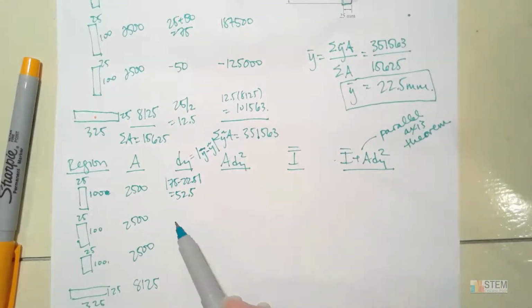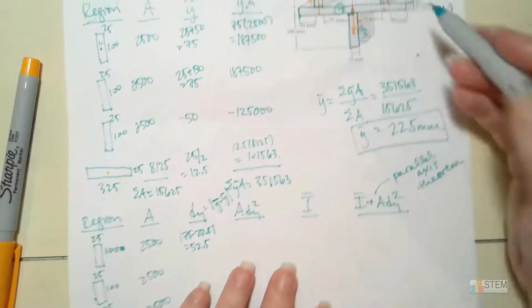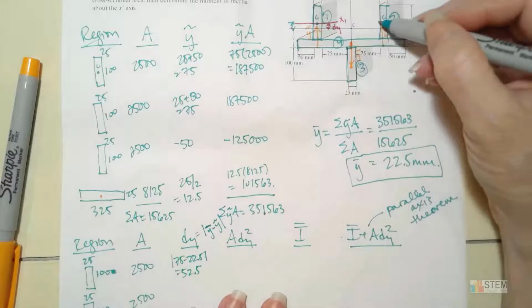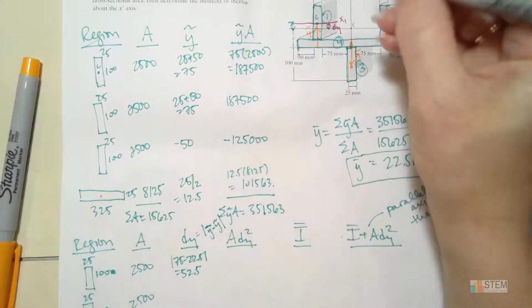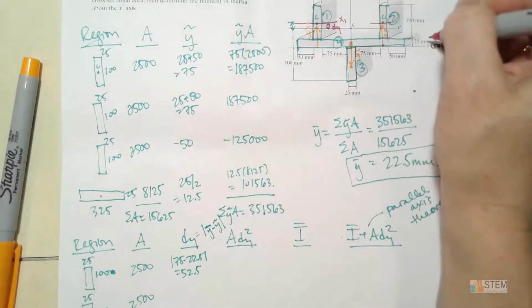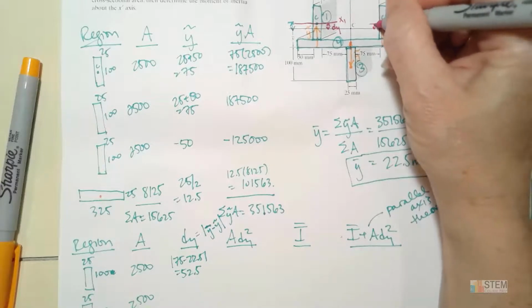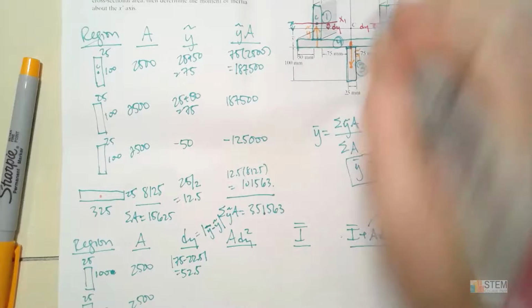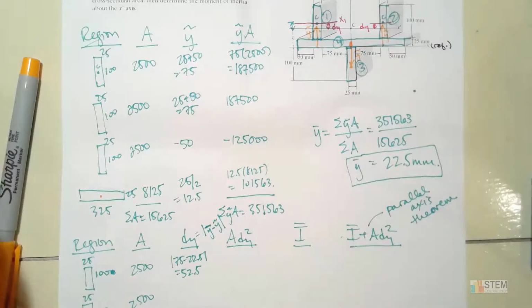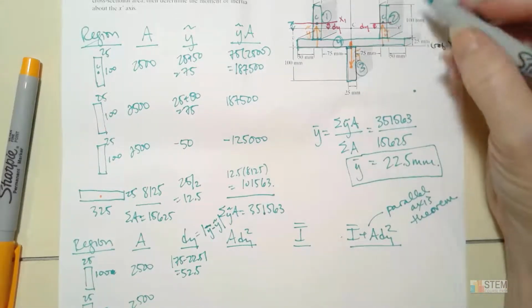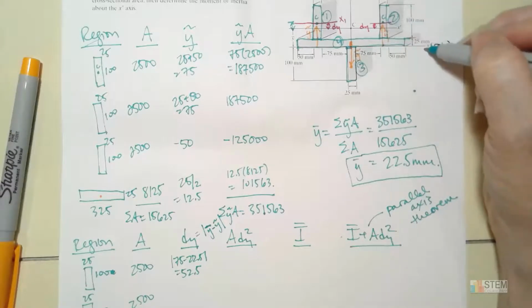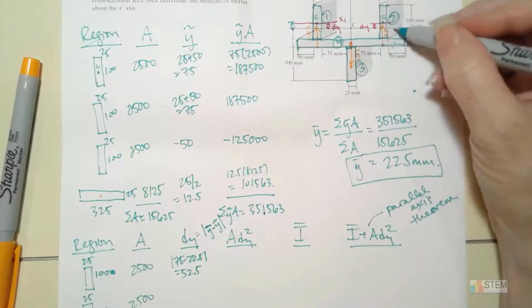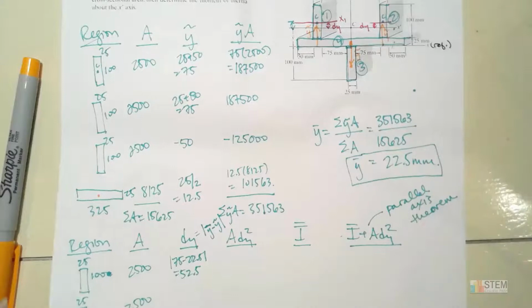Okay, well, we're going to get the same thing for this region too, because it's basically at the same location, right? So now I've got a centroidal axis right here. I want this distance there. All right, so that's our dy. So now we just take the difference between the y tilde and the y bar, which takes us up to that x prime axis.